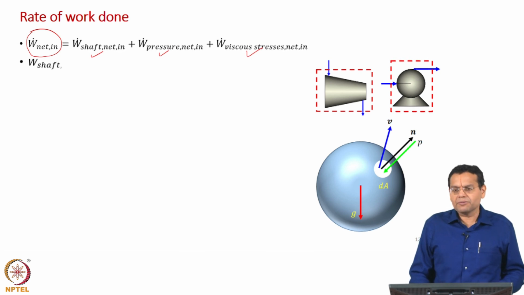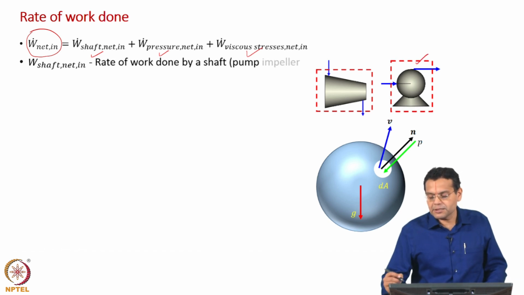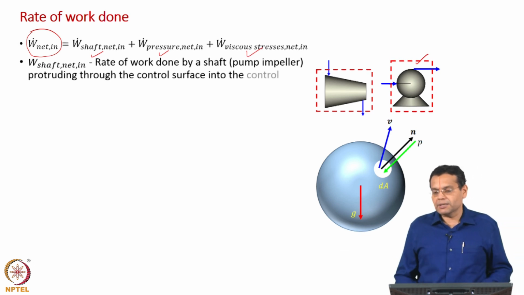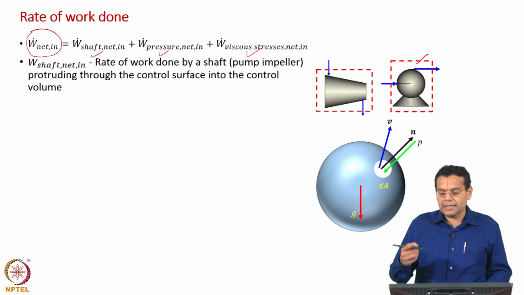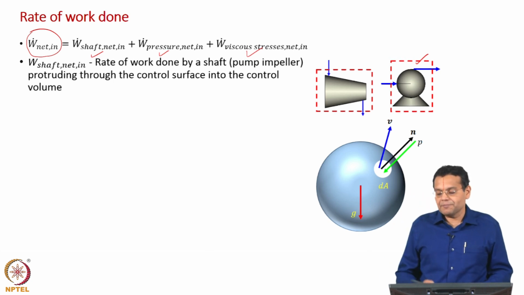Now, this shaft work is what we supply or take out. What is an example? The best example is a pump. If you take a pump, water enters and leaves, and you keep adding power, adding work to the water, let us say in lifting or pumping over some distance, which means there is a shaft or a pump impeller which adds energy.